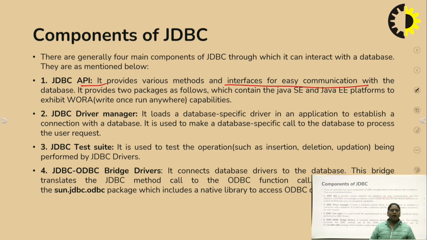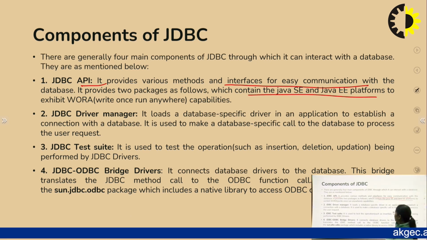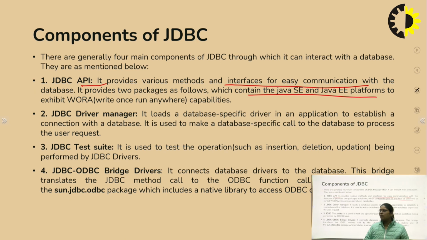So first of all, we have to use the Java Database Connectivity API, and it uses the Java standard environment as well as the Java executive environment, because we have to execute things like servlets and JSP, which all execute as server side technology, and there is a need for an executive environment.